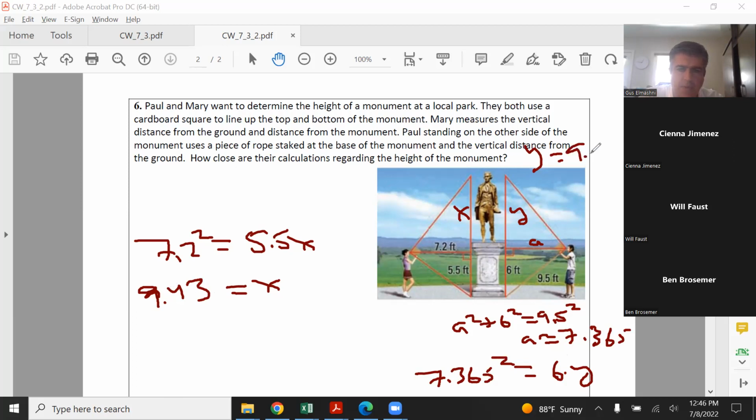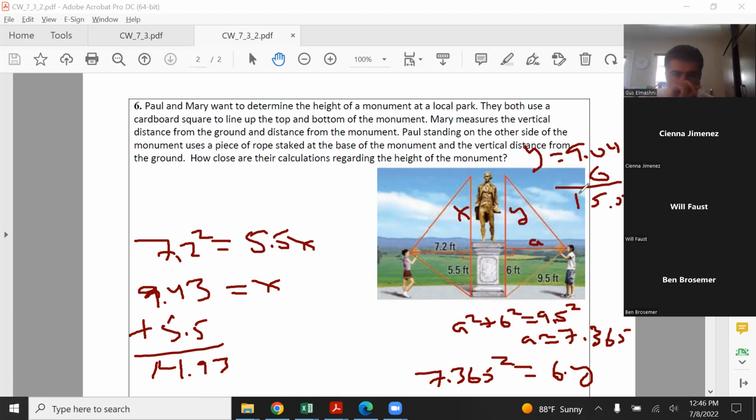So their calculations are a little off. Actually, no, not too far off, because if you add 5.5 to that, you get 14.93. Add 6 to get 15.04. So they're actually pretty close. They're not too far off. But that's a word problem using the stuff we just talked about.